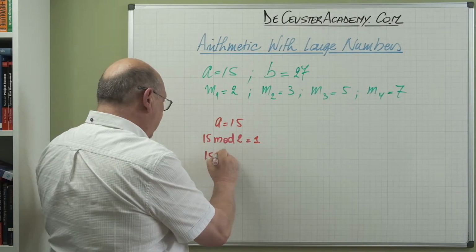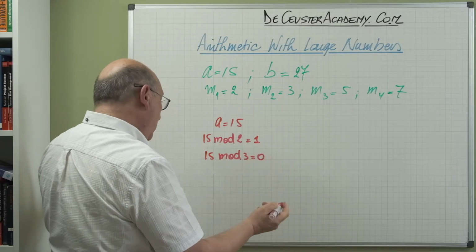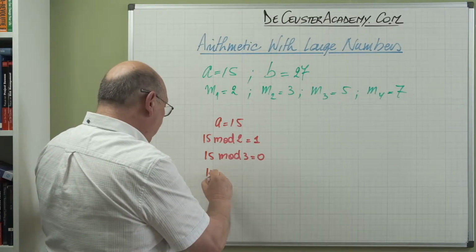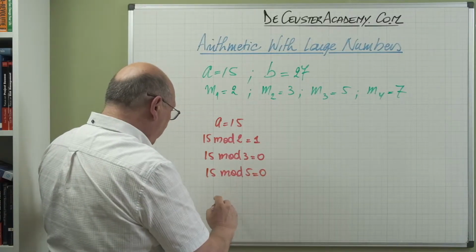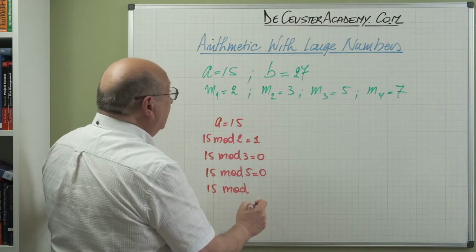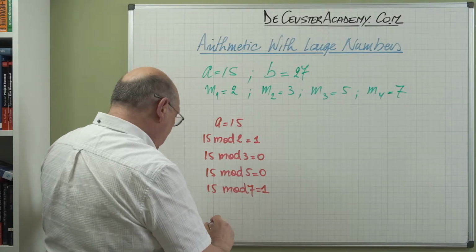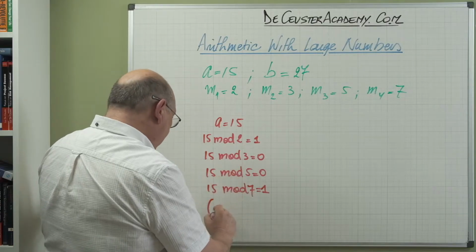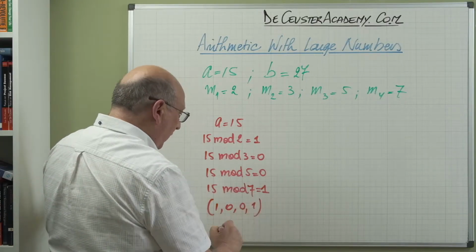Then 15 modulus 3 is 0, because we can divide 15 by 3. 15 modulus 5 is also equal to 0. And 15 modulus 7 is again equal to 1. So the 4-tuple for 15 is 1, 0, 0, and 1.